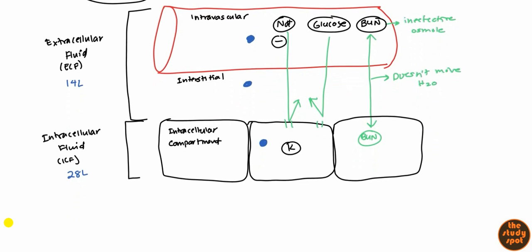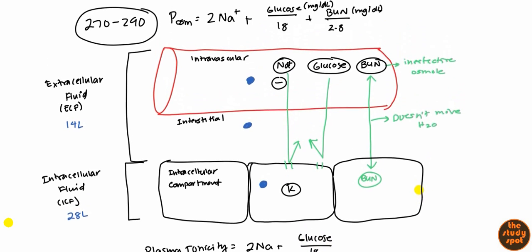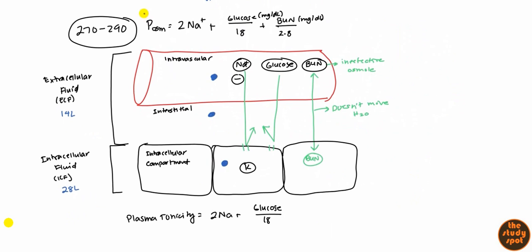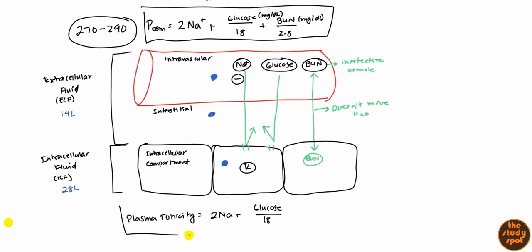And so that's why there's another formula which is called the tonicity. So when we're looking at the plasma tonicity, it becomes the same formula. So we have 2 sodium plus glucose divided by 18, but you can notice, let me shrink it here. Okay, so you can see this is the same formula here, except it's missing the BUN.